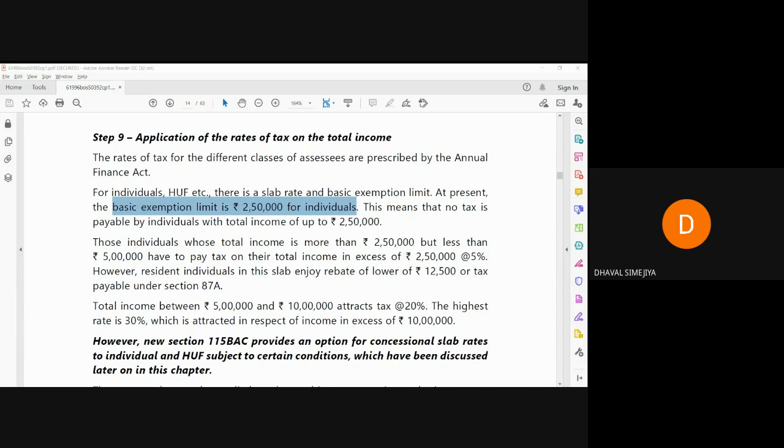So the answer will be on 1 lakh rupee. 1 lakh rupee multiplied by 5%. So the answer will be 5,000 rupees. Tax amount will be 5,000, sorry, 2,500 rupees. Clear?